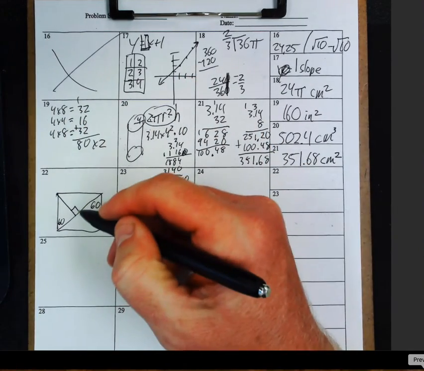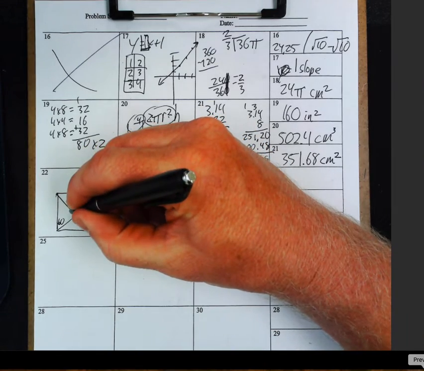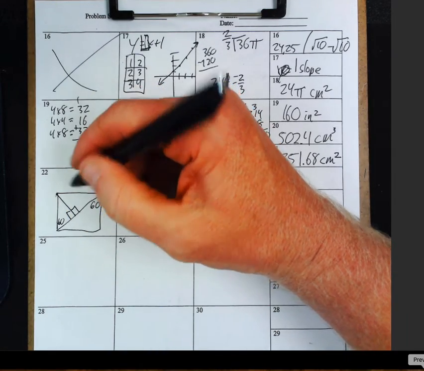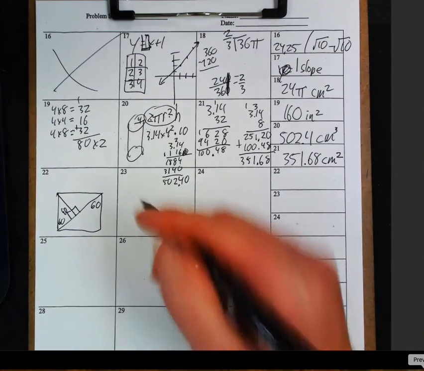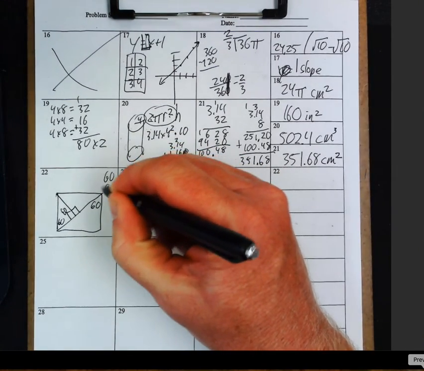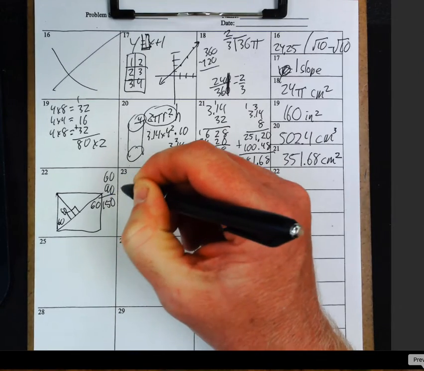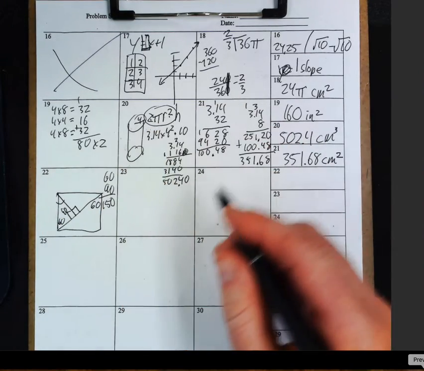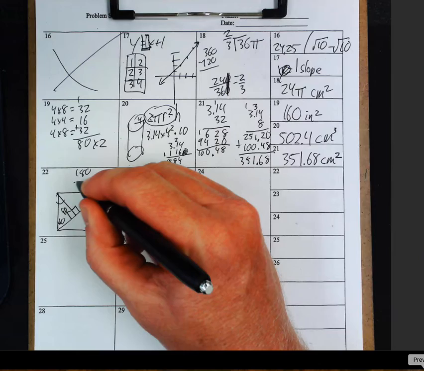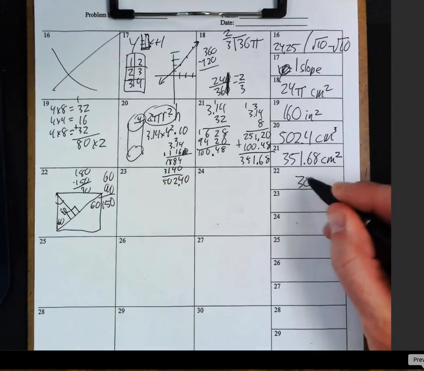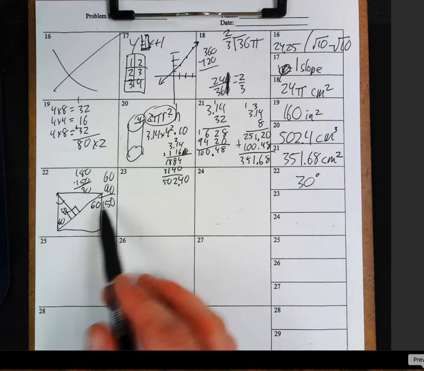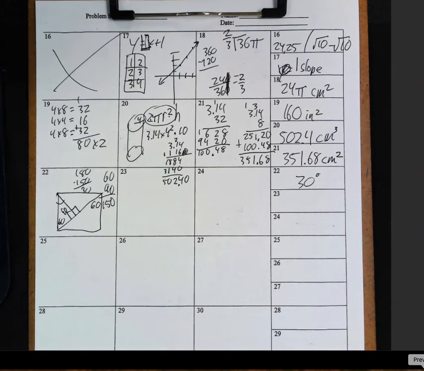Right angles equal 90. 60 plus 90 is 150. 150 minus from 180, because it's a triangle. 180 minus 150 is 30. Okay, guys, that's literally alternate interior angles.